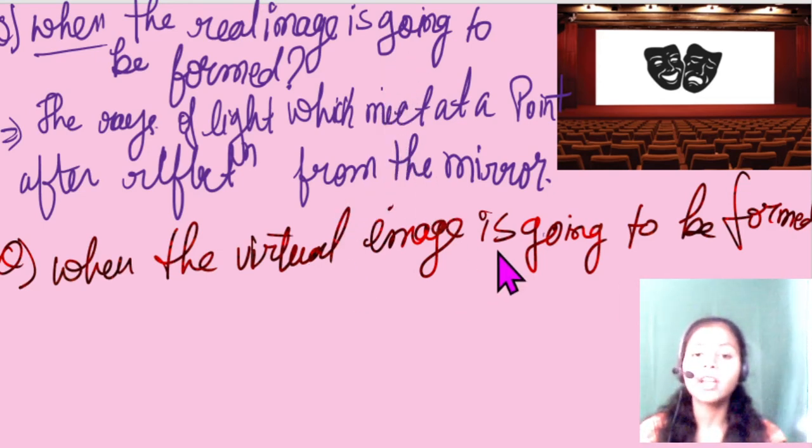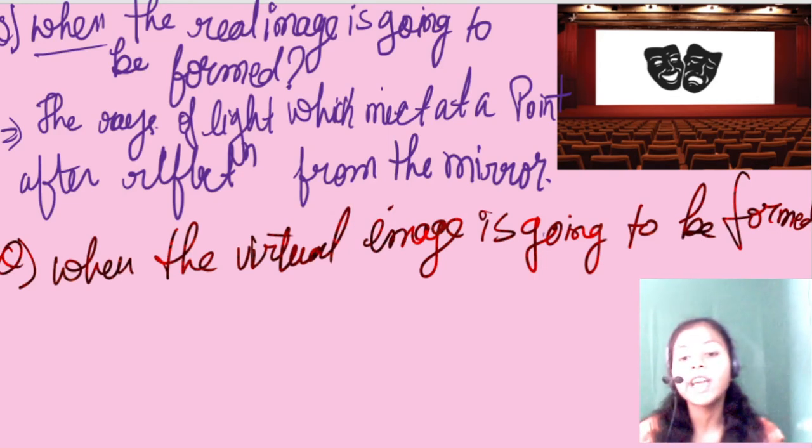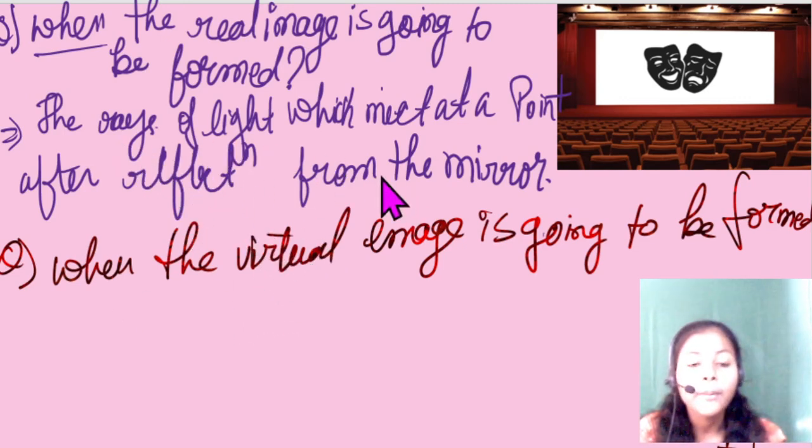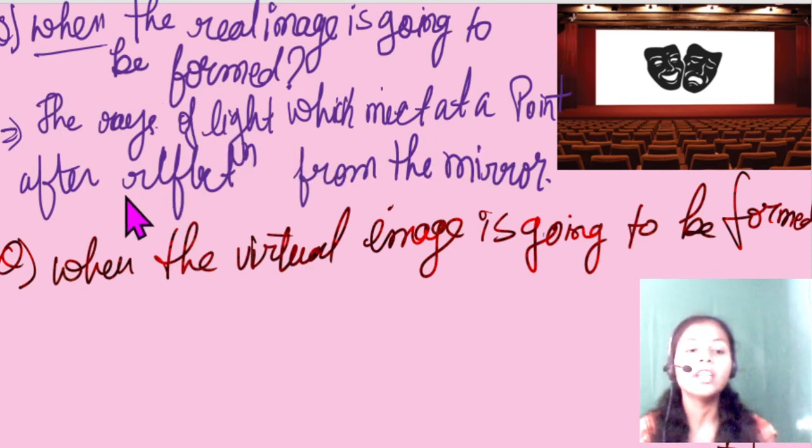Here it was told that the light rays meet outside the mirror, but in the virtual image, the light rays coming after reflection meet inside the mirror. It is the same as the previous statement, but here you only have to replace this word. The light rays which meet at a point after reflection from the mirror.